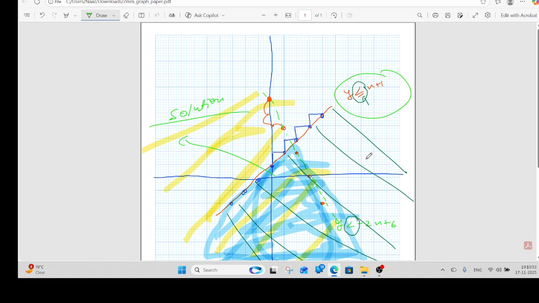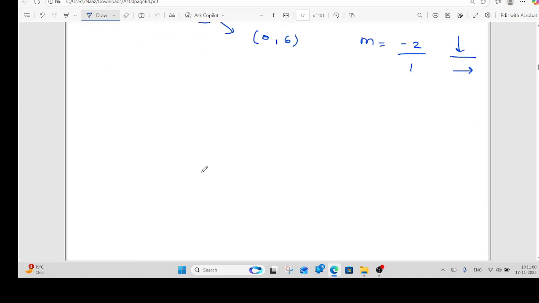Okay, so we can take some more examples of similar kind. Now let's take how to solve quadratic inequalities or system of quadratic inequalities, because we have already seen how to solve the linear one.